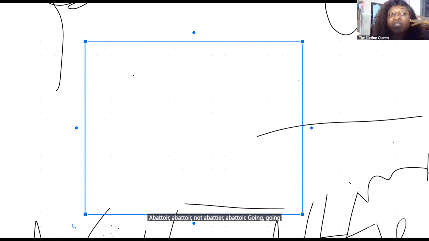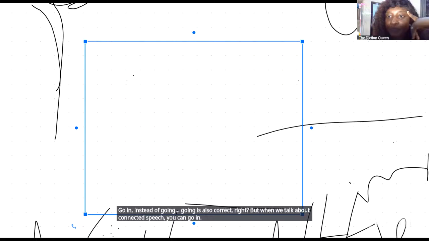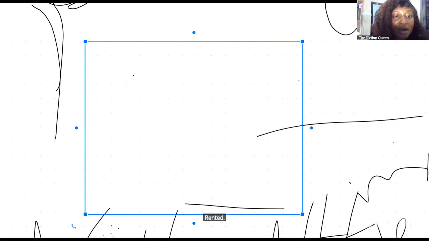There is an intrusive sound in there. Going is also correct, right? But when we talk about connected speech, you can say going. Rented. Talk about words ending in ed. Rented, not rented.